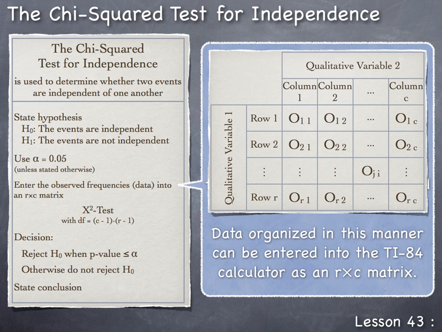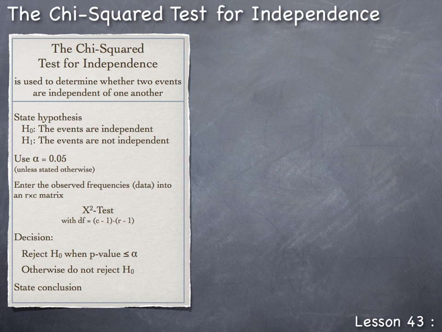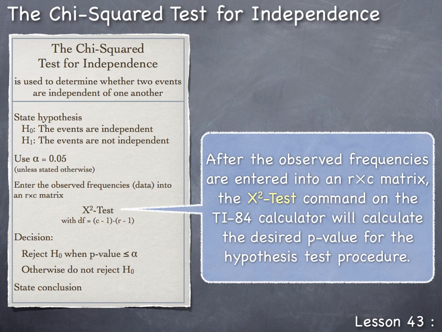Data organized in this manner can be entered into the TI-84 calculator as an R by C matrix, where R represents the number of rows and C represents the number of columns. After the observed frequencies are entered into an R by C matrix, the chi-squared test command on the TI-84 calculator will calculate the desired p-value for the chi-squared test for independence.